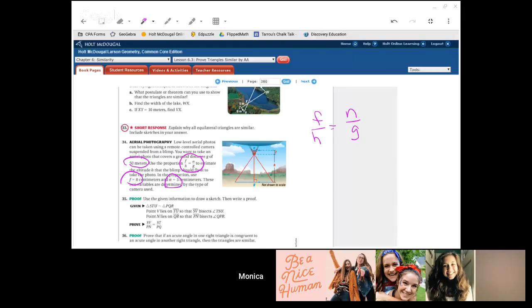Or sorry, not F and G. So when you cross multiply here and then divide by that, that centimeter unit's going to cancel out and leave you with meters.